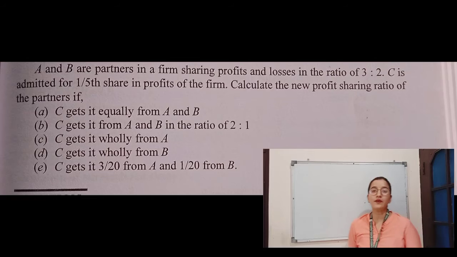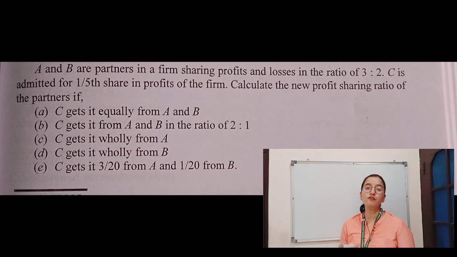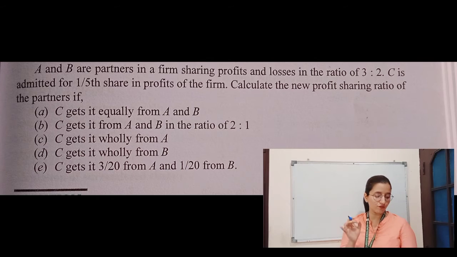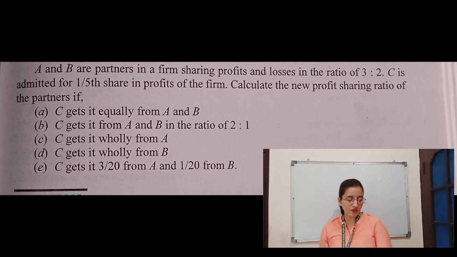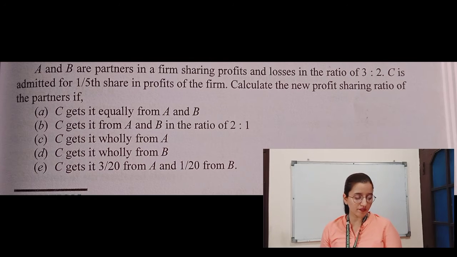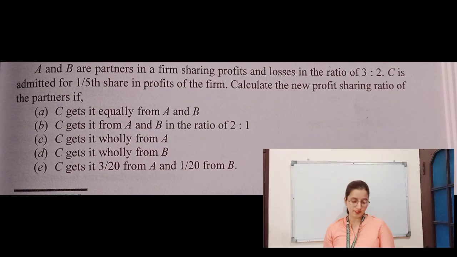Now at last we will be solving a full-fledged question of calculation of new profit sharing ratio of all the 3 cases. Question is, A and B are partners in a firm sharing profits and losses in the ratio 3:2. C is admitted for 1/5 share in profits of the firm.